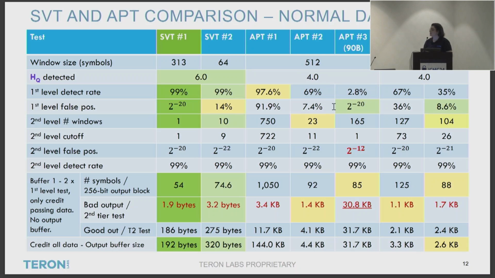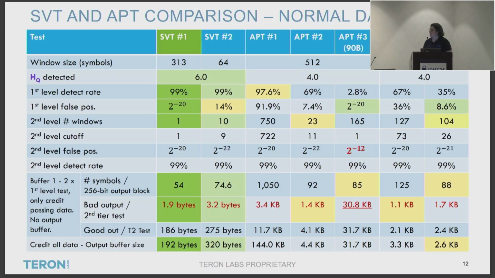This third one here, the cutoff is chosen according to what's recommended in the 90B standard, so for a false positive rate of 2 to the minus 20, and you can see, like I said before on the other slide, it only detects 3% of bad data when the entropy level of the quantum data is 4.